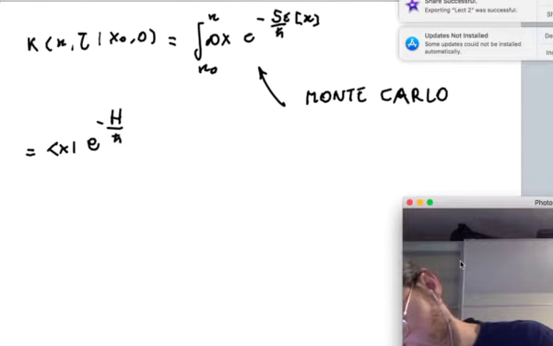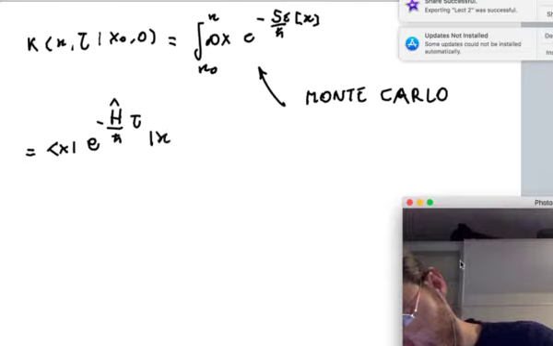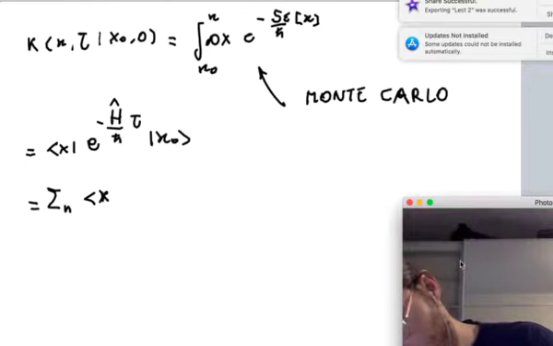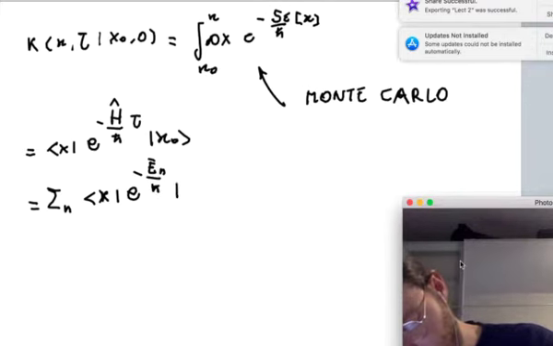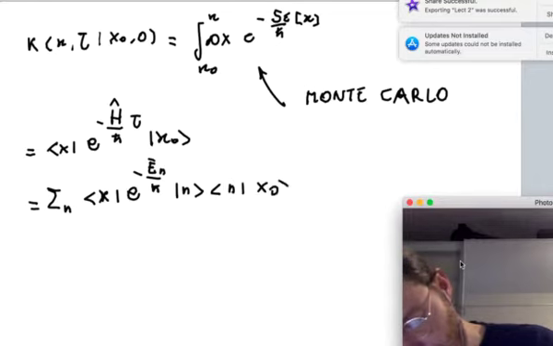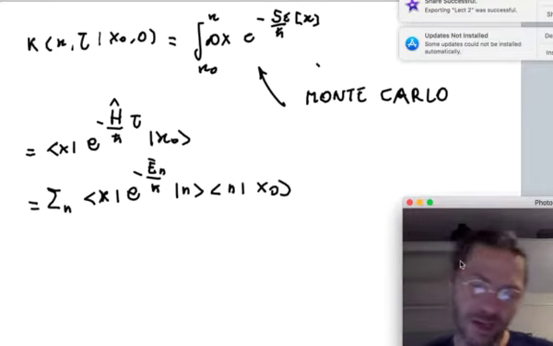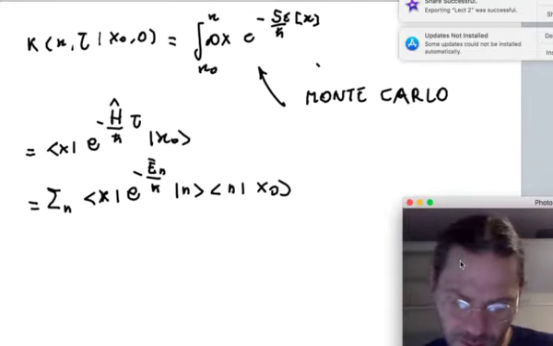That's the quantum Hamiltonian, tau is the Euclidean time, x naught is the initial position. And like I said in the course, I stick in the complete orthonormal set of states, the eigenstates of the Hamiltonian. I have already replaced the eigenvalue of the Hamiltonian in this position here.